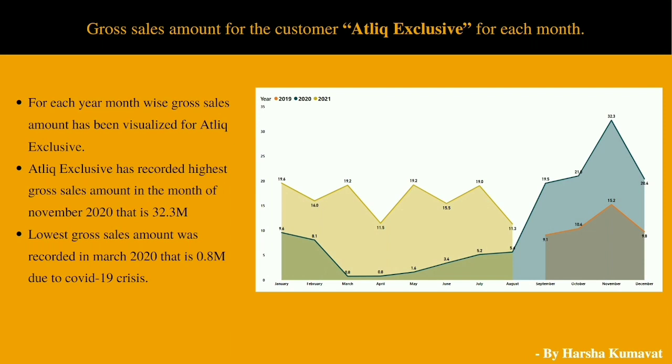This visual represents each year's month-wise gross sales amount for Atliq Exclusive, and we can see that the highest gross sale amount was recorded in November 2020, that is 32.3 million, and the lowest gross sale amount was recorded in March 2020, that is 0.8 million, due to the COVID-19 crisis.